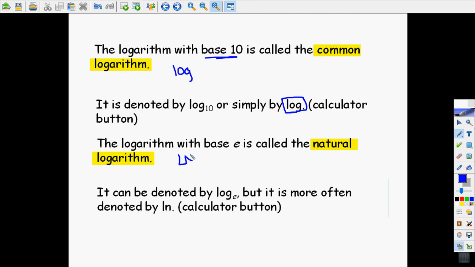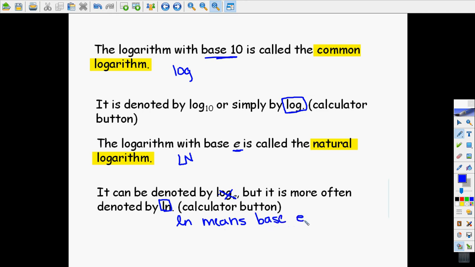So usually the button on a calculator says capital L and capital N or lowercase l and lowercase n, and that means natural log. Its base is e, that same e that we talked about in 7.3. So we could write it log of base e, but we don't. We just write it as natural log. So natural log means base e.